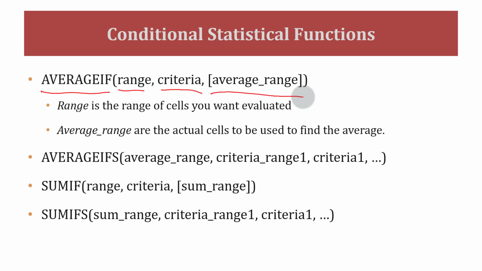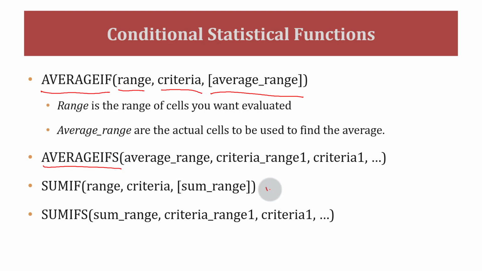Then this average range, that's the actual cells that you use to find the average. You'll see how we utilize that differentiation in some of the spreadsheets as we go along. But it's just like COUNTIF, except it's taking the average. Now, the AVERAGEIFS function is just like the COUNTIFS function, it just gives you more criteria, more IF statements.